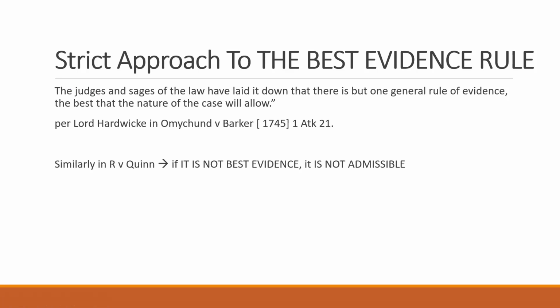Can we call the young lady? If you are following the strict approach, according to this case, Onyu against Becker, by right, cannot. You should give the court the best evidence. If it is not the best evidence, the court will be reluctant to accept it because you have a better one. Why don't you want to bring him? I mean, this is the strict approach.